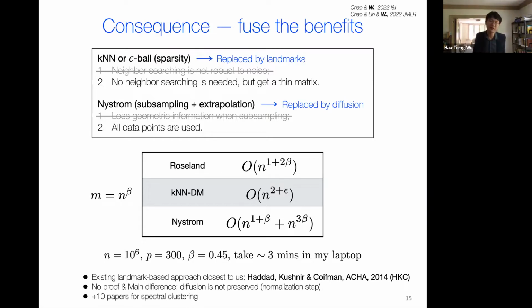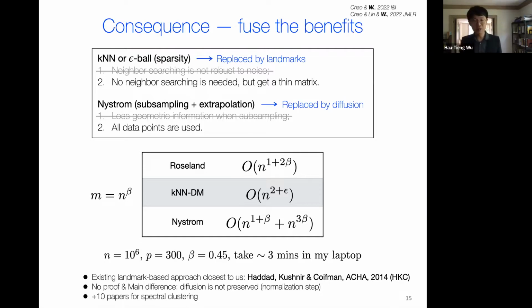And we want to mention that the existing landmark-based approach is not unique. There are some works that are similar to ours. For example, Haddad, Kushnir, and Coifman's paper has a similar idea, but the basic difference is that the diffusion part is different. They do not really keep the diffusion structure, and they do not have proof. They mainly suggest an algorithm and apply it to image processing.